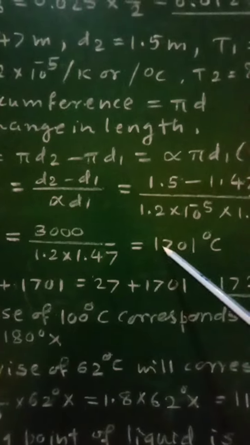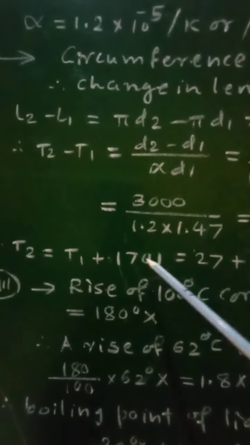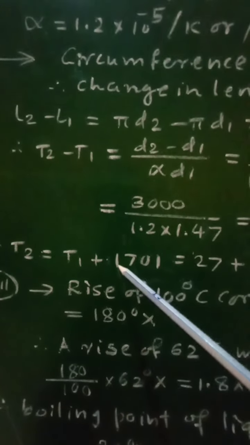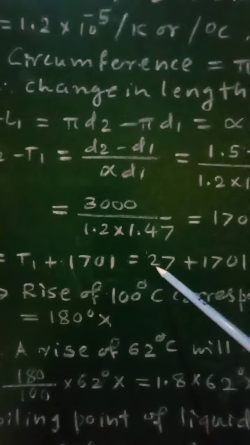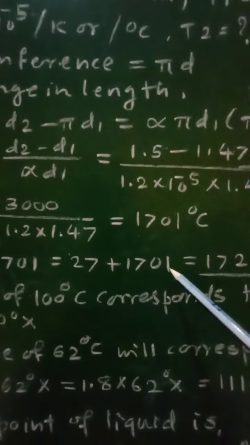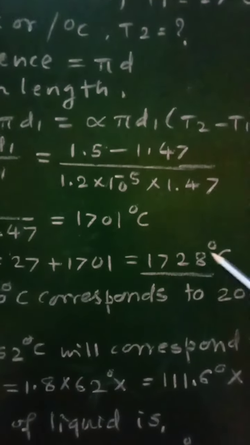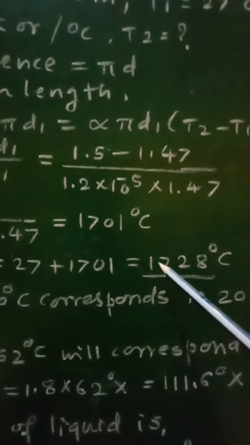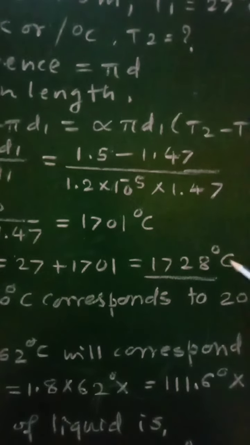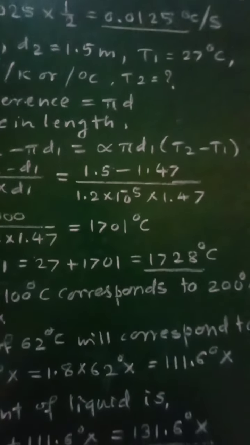So this is the value of T2 minus T1, and therefore T2 will be equal to T1 plus 1701, which is equal to 27 plus 1701, which comes out to be 1728 degrees Celsius. This will be the required final temperature.